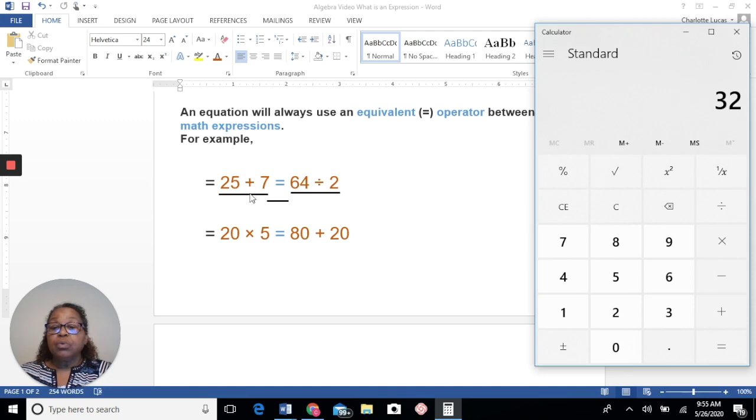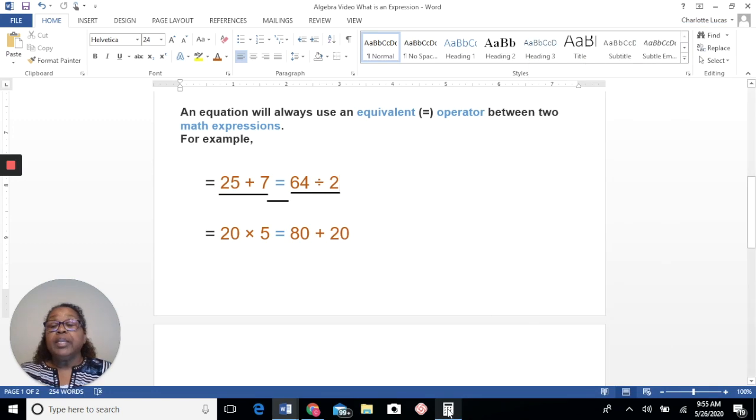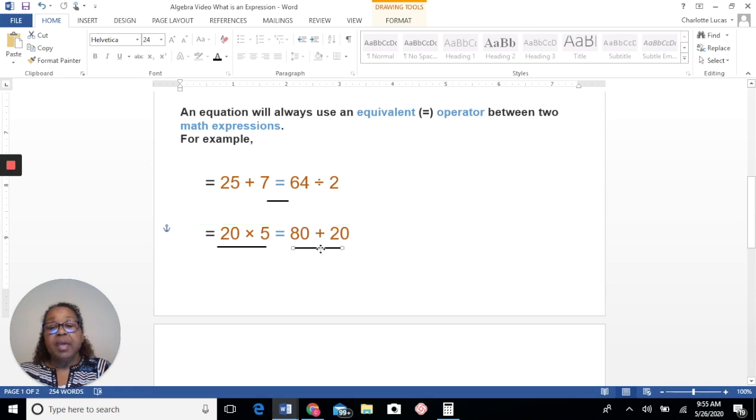Let's try the next one. Let's get rid of this calculator. An equation will always use an equivalent operator between two math expressions. Let's find the two math expressions. This is a math expression, and this is a math expression.